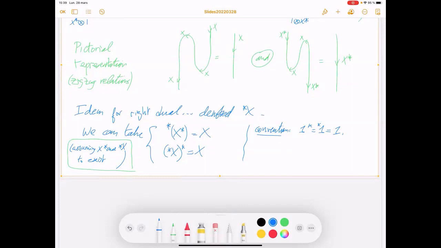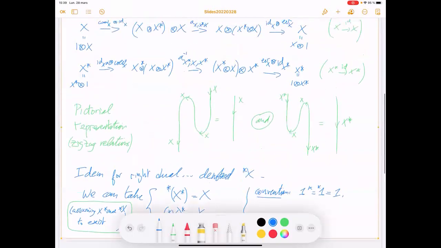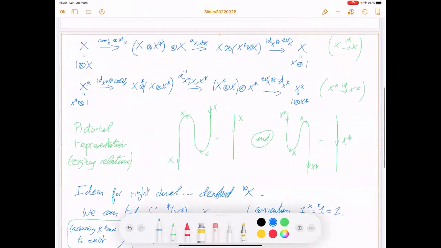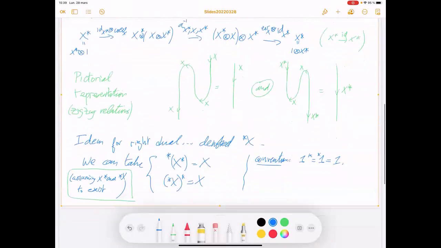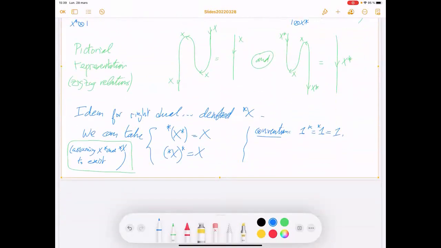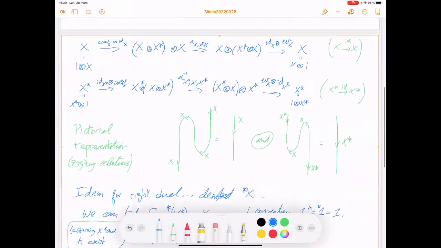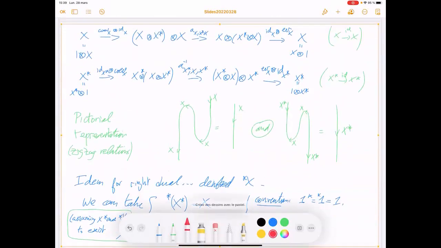So, yeah, that's okay. So you see how this picture is intuitive. In fact, this means that you have something, you can deform it continuously, just into a straight line.